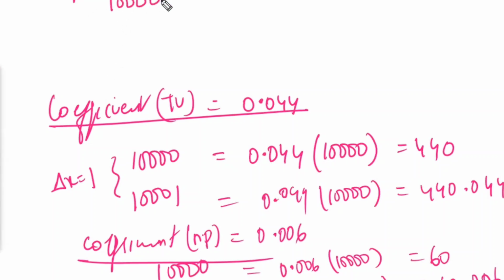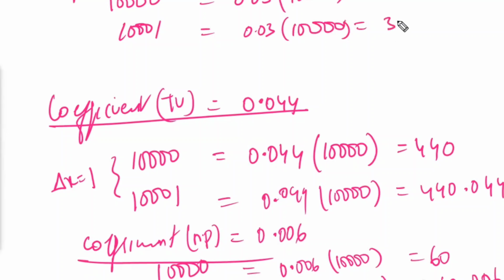Now the same 10,000, if you multiply 0.03 into 10,000, the impact is 300. The same 10,000 plus one, into 0.03, you are going to get 300.03.